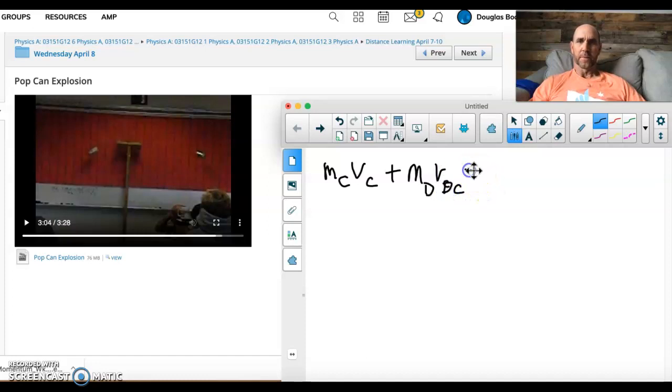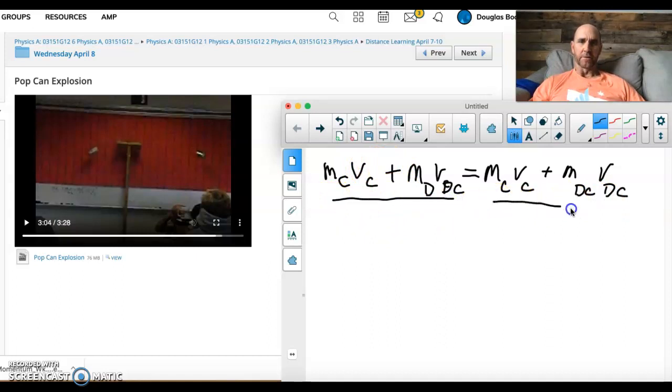That's on the left. Then the explosion happens. And then on the right side of the equation, the explosion has happened. We have mass of Coke, velocity of Coke, plus mass of Diet Coke, velocity of Diet Coke can. Okay? Now, again, this is before the explosion over on the left, and this is after the explosion on the right.